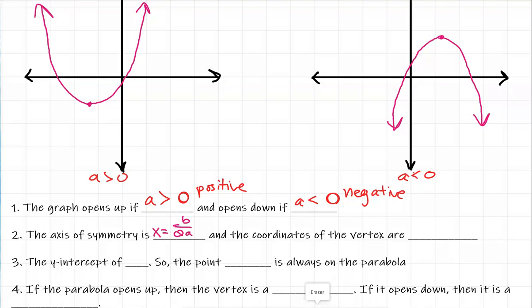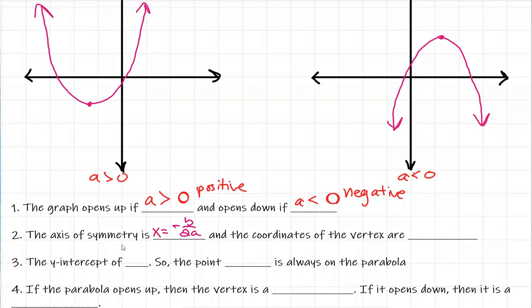I'm going to rewrite that so you can see the negative better. Negative b over 2a. All right, and again, that's the b and the a from our quadratic standard form. Okay, the b is our middle coefficient, the coefficient on the x, and the a is our leading coefficient.